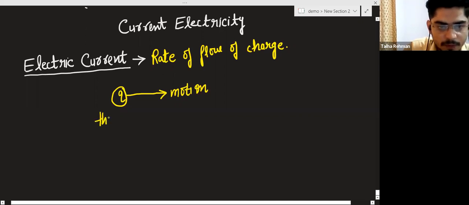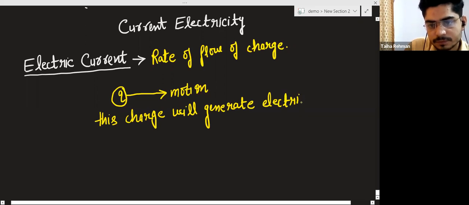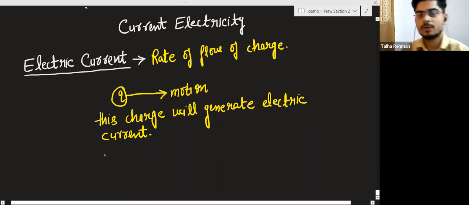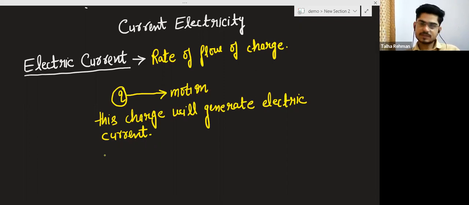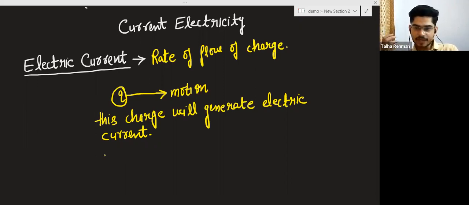So this is the basic definition of electric current and how it is produced. Electric current is produced due to the motion of charge, whether it is a negative charge or a positive charge.